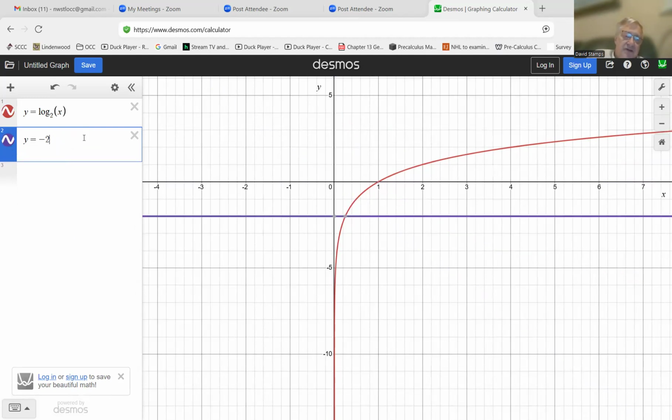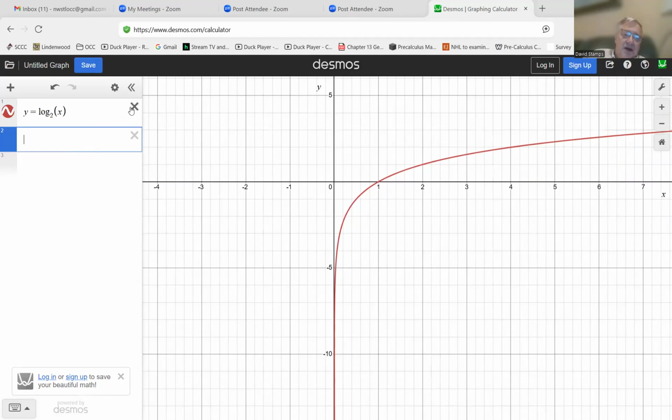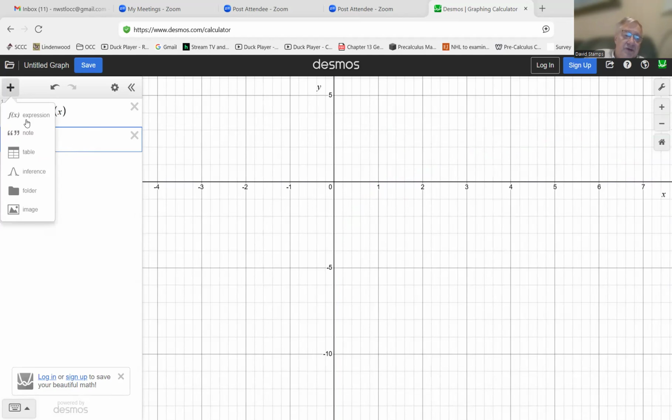So just to highlight, let's get rid of the y equals log base 2 of x, and let me put in a table of values. If you were asked to graph this and create a table of values to begin with, for a logarithm, the domain has to be bigger than 0.